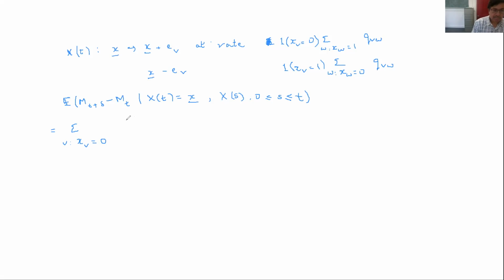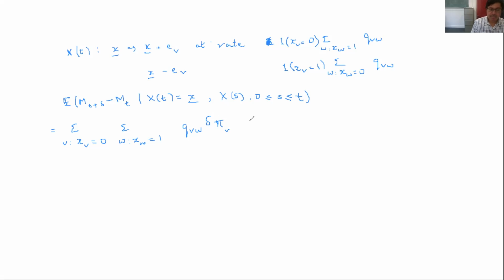So then we have the sum over W such that XW equals 1 QVW times delta. QVW was the rate. QVW times delta is the probability of this change happening in time delta between t and t plus delta. And then we saw that if V changes from 0 to 1, that increases the value of the martingale by pi V. So we multiply by that. So this is the change in value of the martingale.